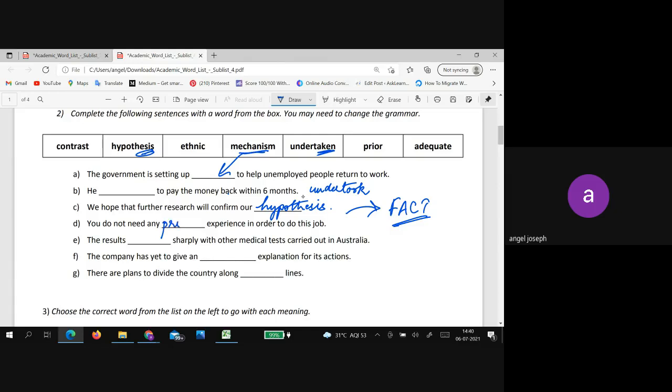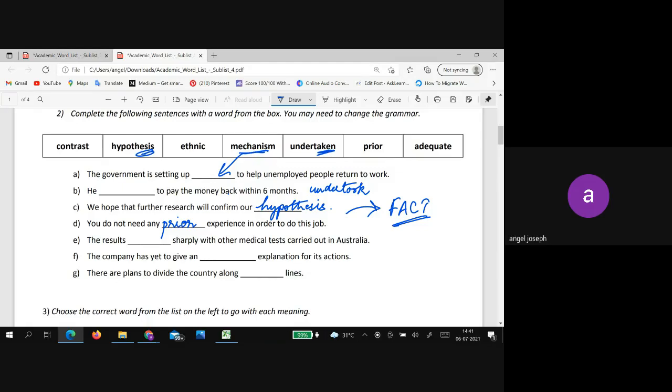Prior is something like I said, which is just before whatever you're doing, just like I gave you an example, prior to reading. Prior experience.